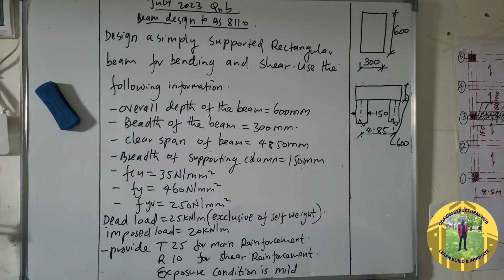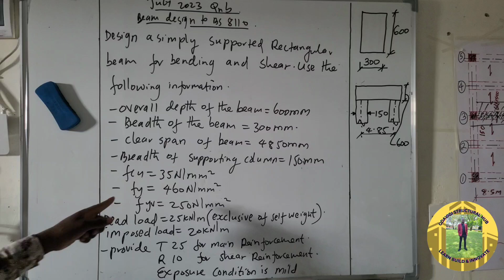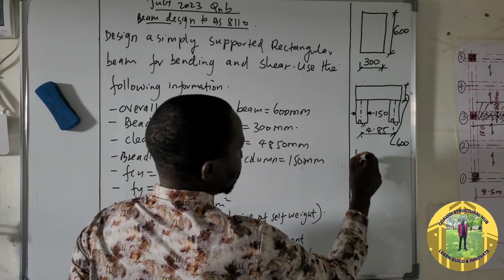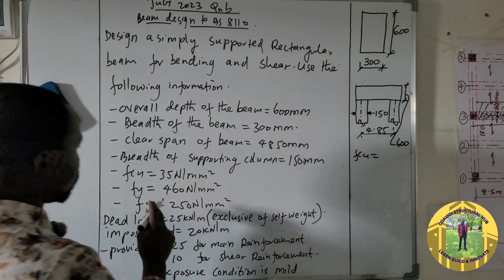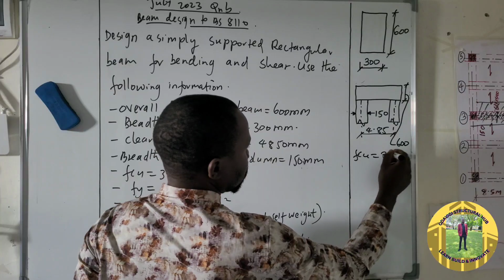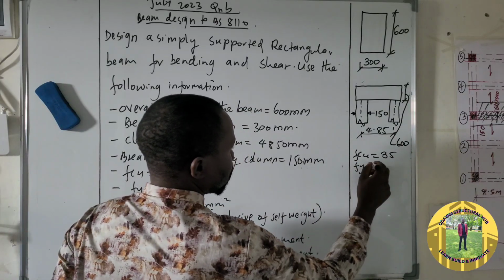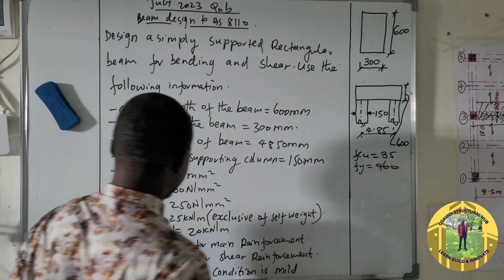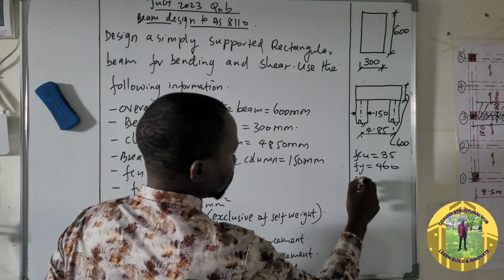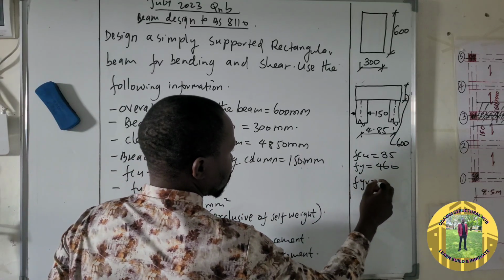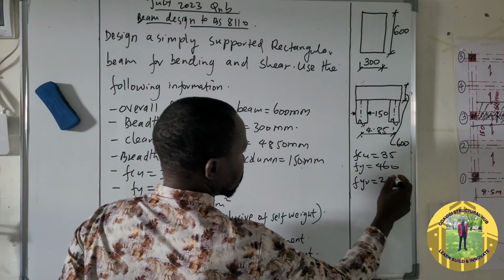Again, FCU is equal to 35. FY is equal to 460. FYV is equal to 250.